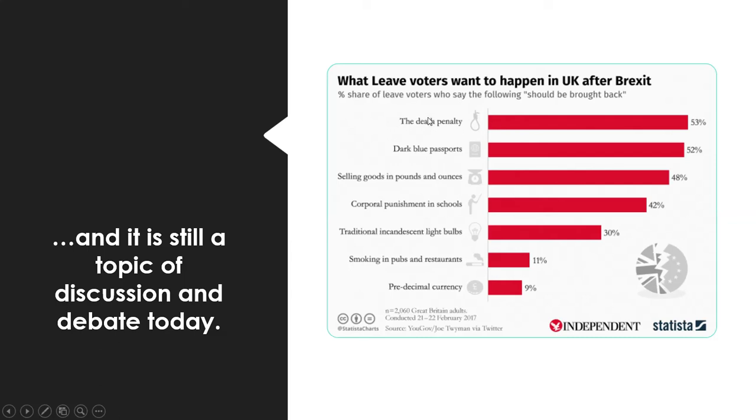Okay. And then you've got dark blue passports at 52%, selling goods in pounds and ounces rather than grams and kilograms. 48% corporal punishment in schools, so that's hitting children if they're naughty or if they're misbehaving, we can actually physically hit you.